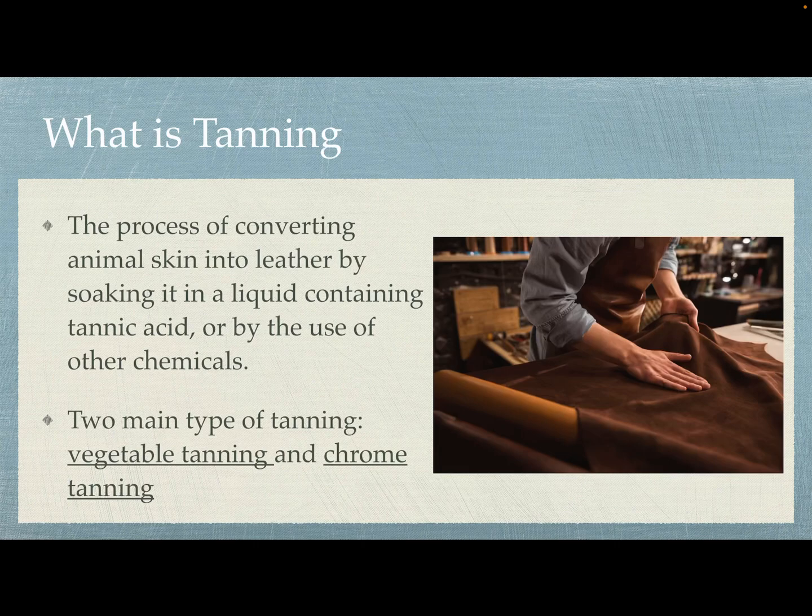The tanning process involves the chemical transformation of collagen fibers in animal skin into a more stable and resistant material. Tannins are added to the hide during the process and they bind to the collagen fibers, making them less susceptible to decay and more durable.